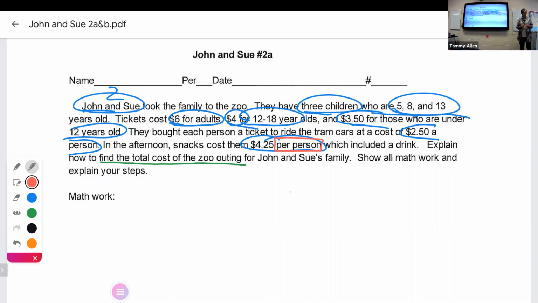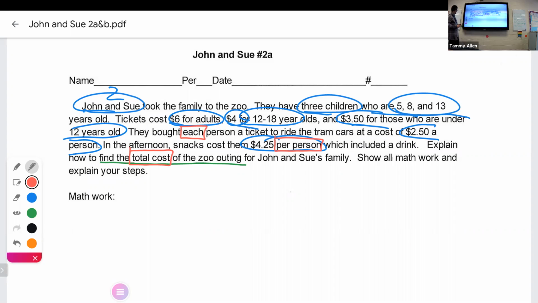Okay? Each. Anything else? Okay, I think we've got that. Total cost. Anything else?